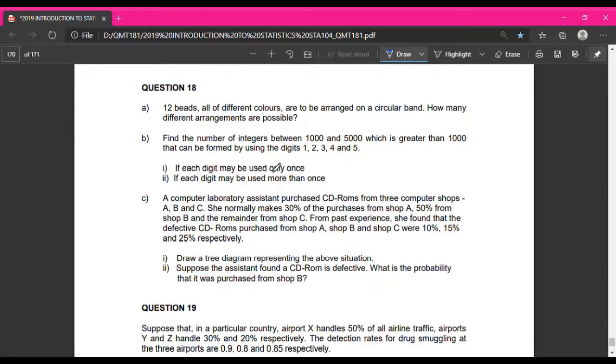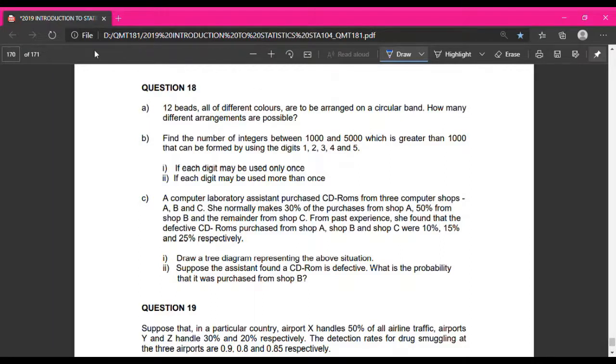Okay, so I want to show the way for B. The others are not related to B yet. Find the number of integers between 1000 and 5000 which is greater than 1000 that can be formed by using the digits 1, 2, 3, 4, 5.